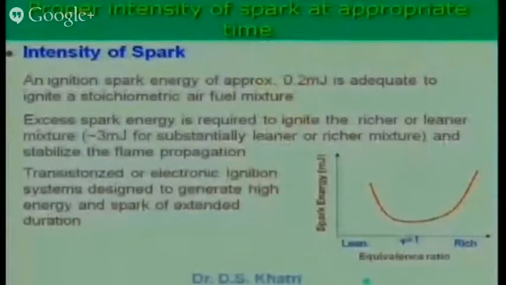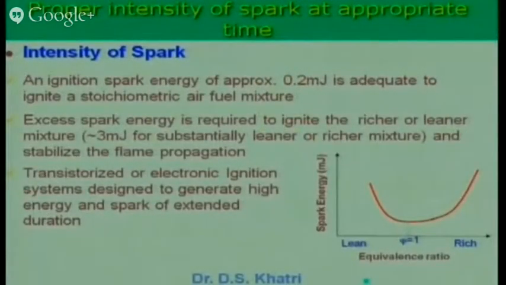and a spark plug. Now if you can see this graph, if I have lambda or equivalence ratio 1, then the ignition energy requirement is relatively very low. If we are using a lean mixture, again it is increasing.